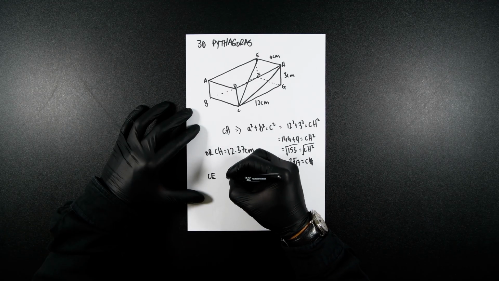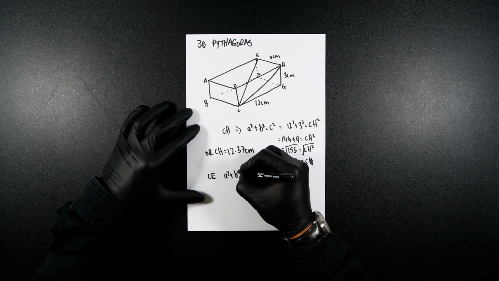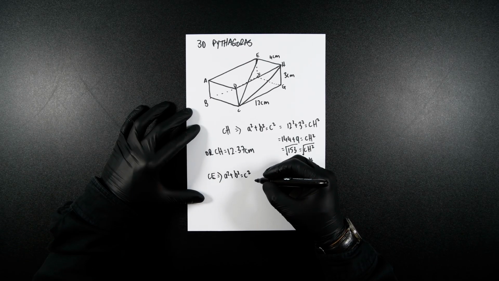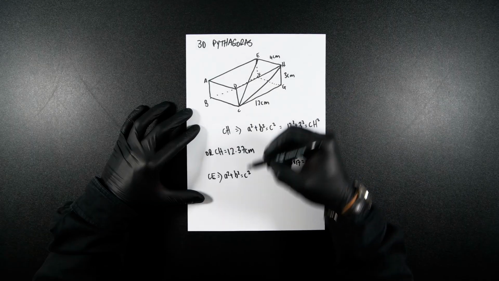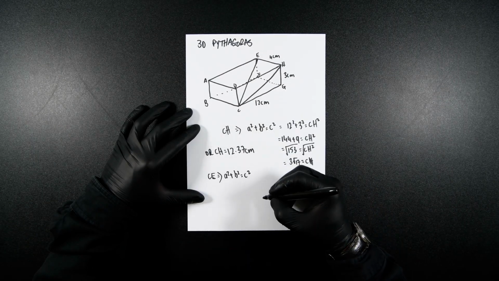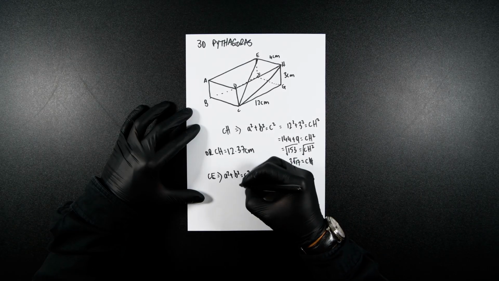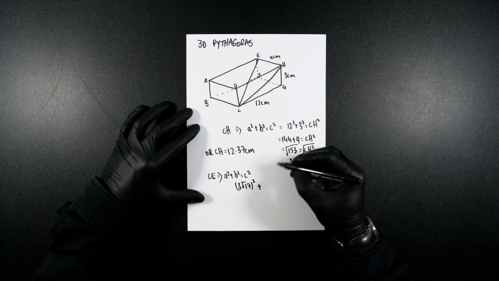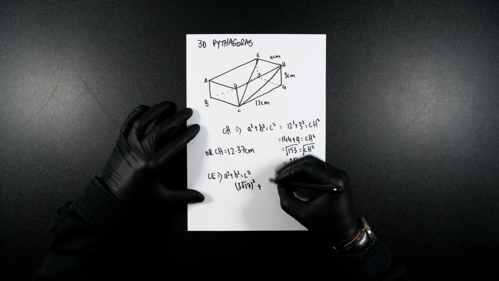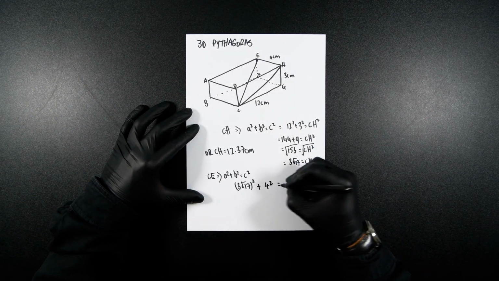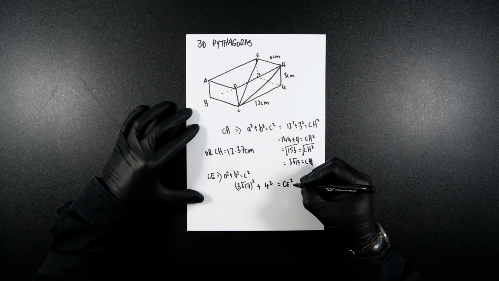So we're going to use a squared plus b squared equals c squared. And in this instance, obviously, CE is going to be our c squared. This CH is going to be the bottom. So we're going to have 3 root 17 all squared plus 4 squared, which is our EH, which equals CE all squared.